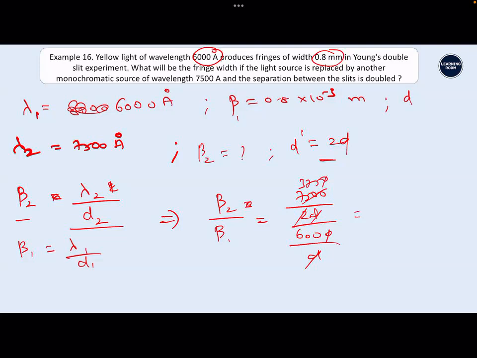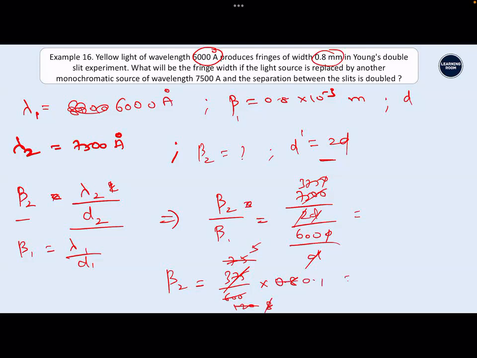375 by 600. What is the simplified ratio? 375 by 600. So beta 2 will be 375 by 600 into beta 1. Beta 1 is 0.8. So it will go 5 times as 75, 120. This 5 times, this 8 times.